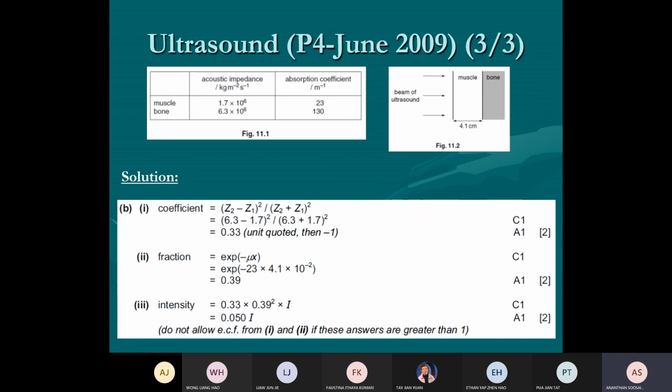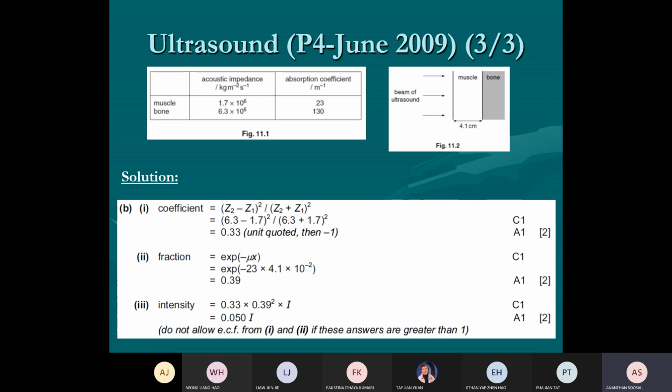Yes, 0.05. Okay, sometimes they use K, sometimes they use mu. Both are acceptable, but it looks like they use mu more. So I equals I naught e to the negative kx.